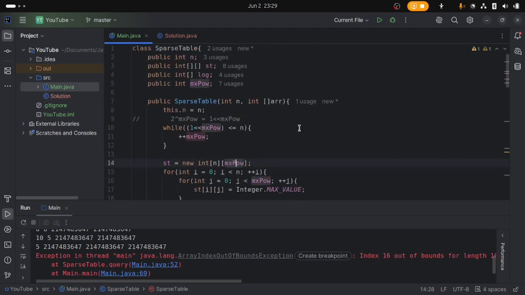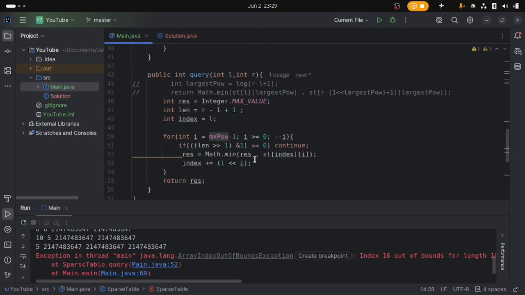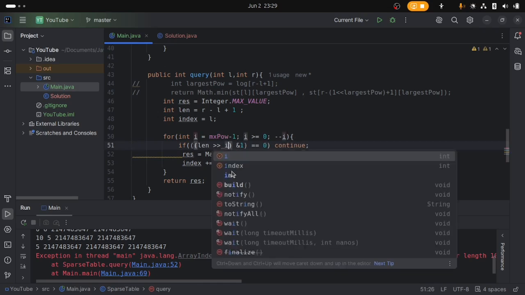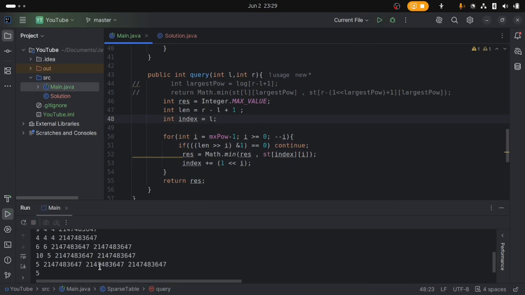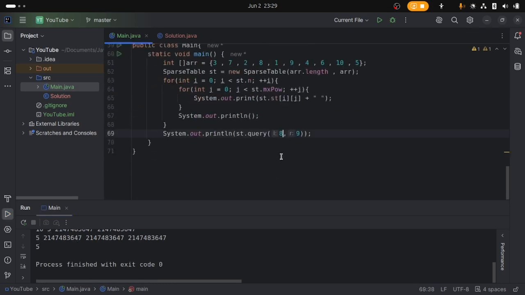I've declared here a max power and starting must be greater than equals to 0 minus i. If length left shift by i, first of all, this change I need to do. Okay, now we got 5. Correct. Let me check for 4 till 9.